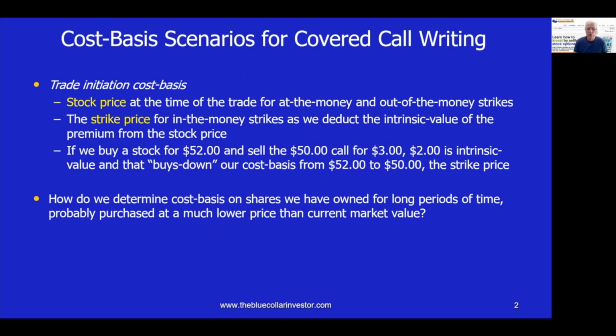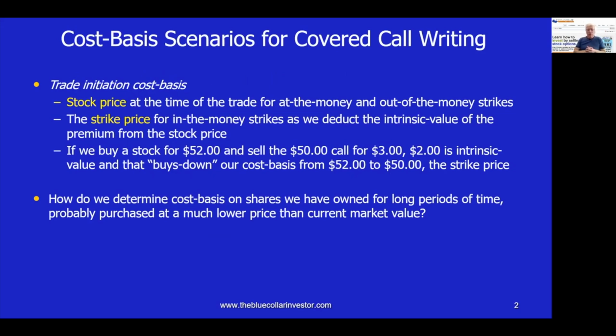First, we have our trade initiation cost basis. So when we're first starting our trade, we look at the stock price at the time the trade is actually being executed. And that's for the at the money and out of the money strikes.